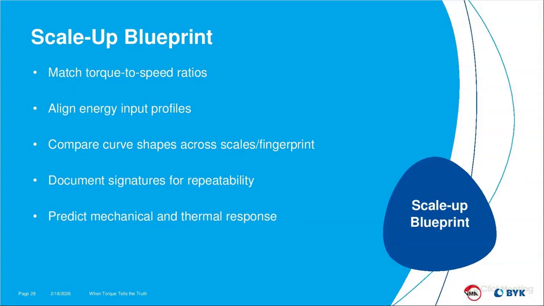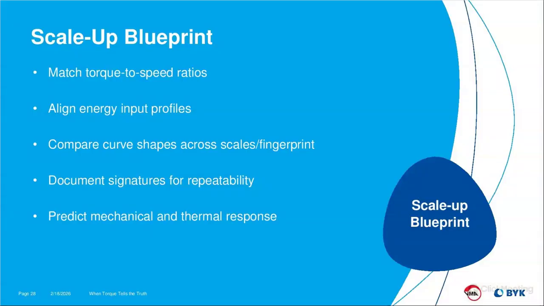The scale-up blueprint, again, we talked about the fingerprint, right? So you're matching your torque ratios to your speed ratios, and how your materials perform against those gives you your fingerprint. This is how we match from smaller to larger volumes. We're aligning our input profiles. So we compare the shapes across all volumes, right?